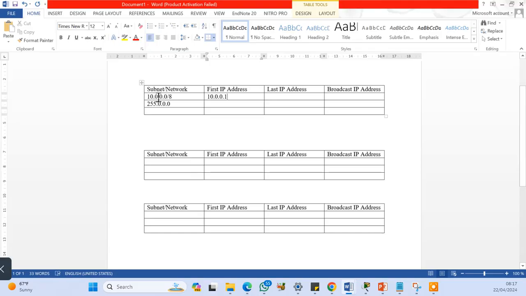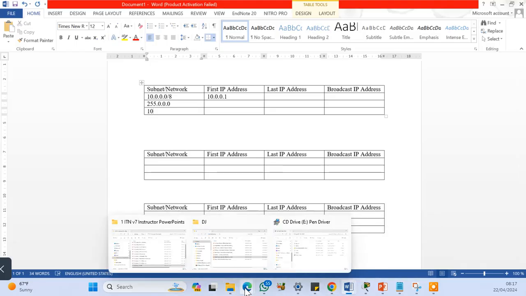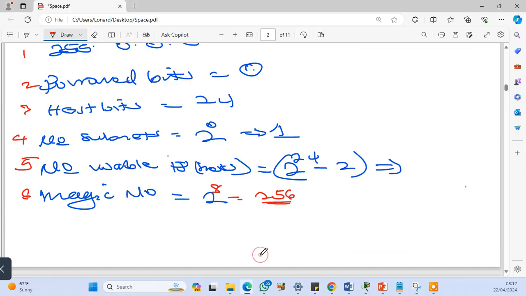So in case I want to have the next subnet here, I need to add. It is 10.0.0.0, so I will add 256 in this octet, because this is the octet boundary that we are dealing with.